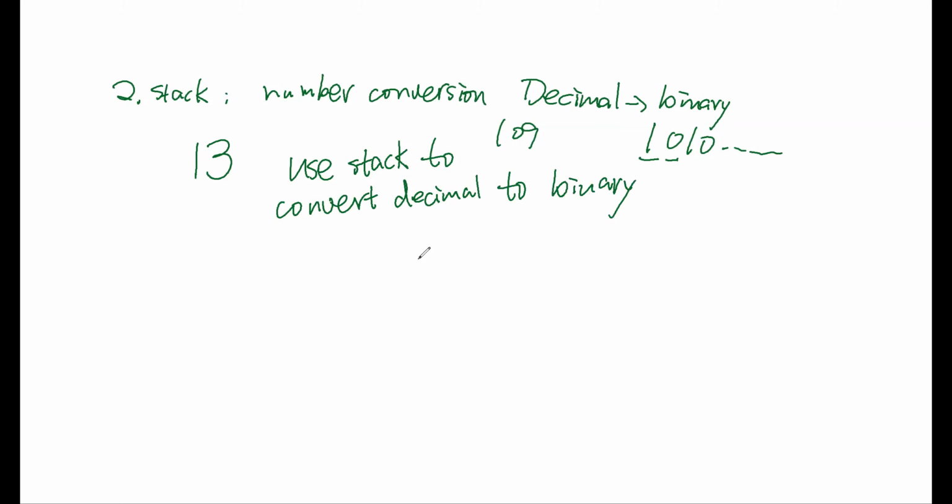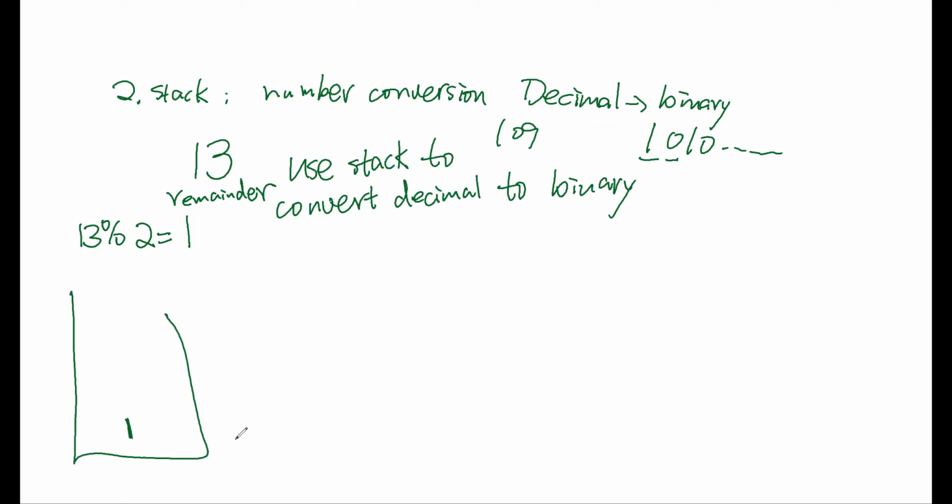So what we do is first take this number and do modulo 2. What you get is the remainder. And this remainder, we can push onto the stack.